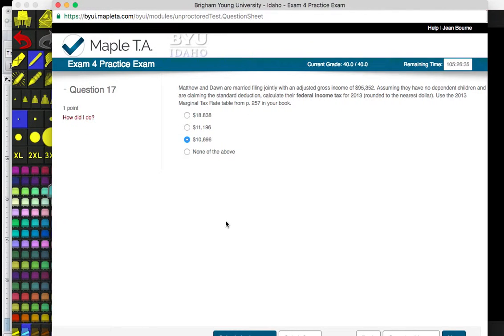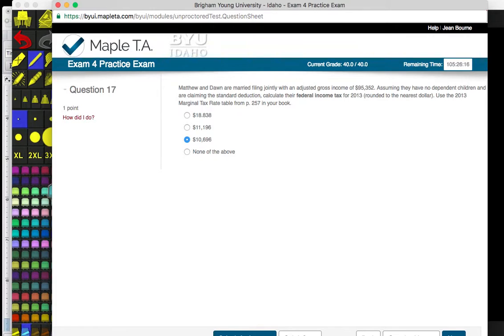Okay, Matthew and Don are married, filing jointly with an adjusted gross income of $95,352. This one's pretty straightforward, but let's just run through it just in case. Assuming they have no dependent children and are claiming the standard deduction, calculate their federal income tax for 2013.